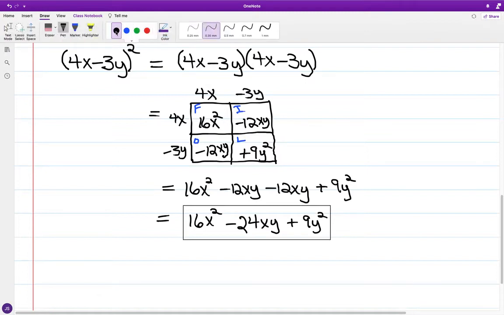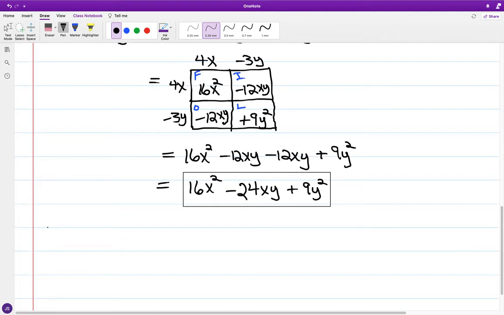Now, regarding the multiplication of polynomials, as the third case, say I have the quantity 3x plus 4 times x minus 10. Again, you can go with the geometric or the traditional approach.